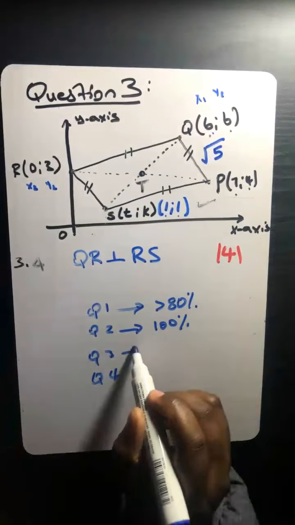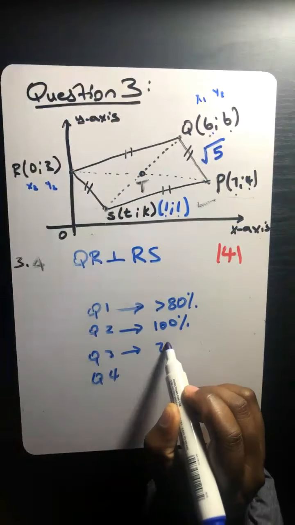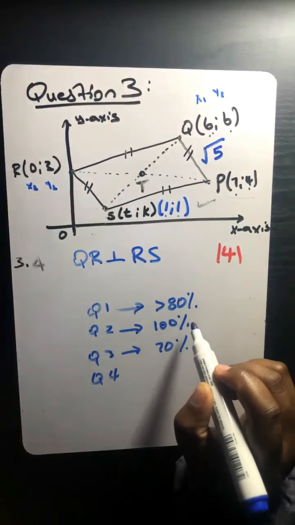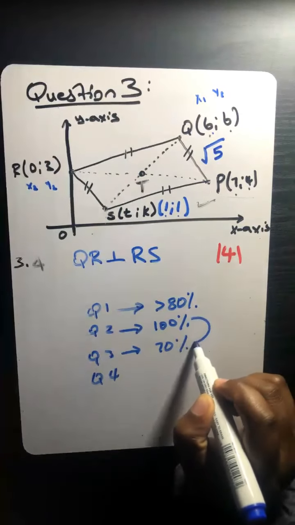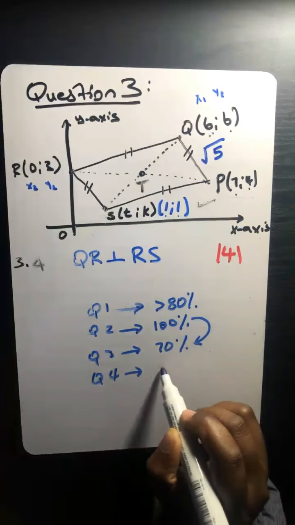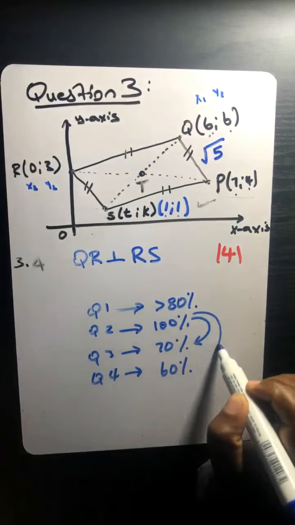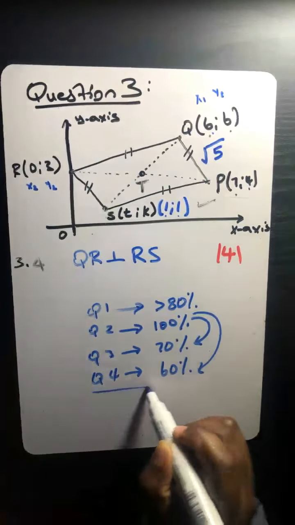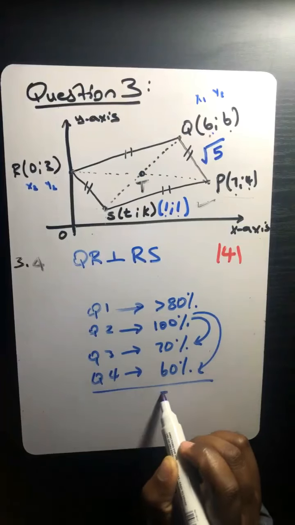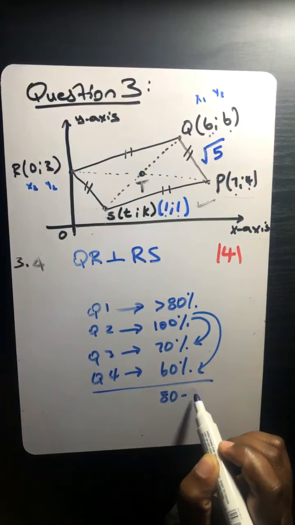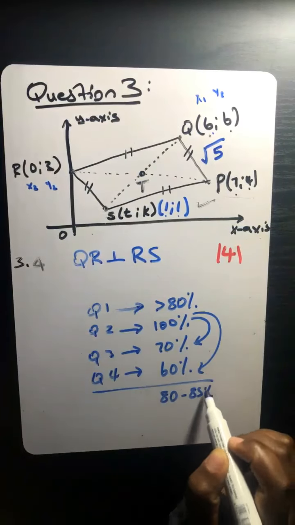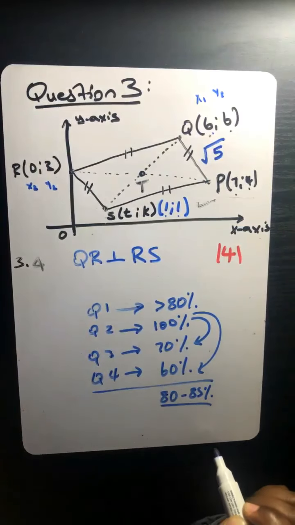Just in case, if for question 3 maybe you get 70%, then a percentage from that 100 is going to balance. And again, let's say you get 60%, a percentage from question 2 is going to balance. Then you'll find that overall, maybe you get 80 to 85%. This is a distinction, guys.